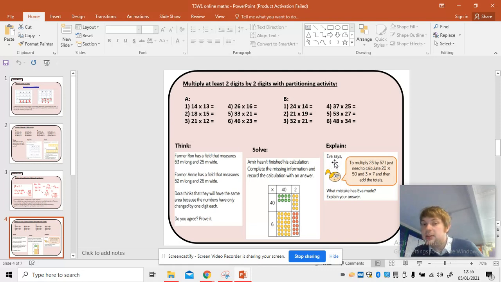And likewise here would explain, Eva is telling us something. Well, she's made a mistake, because it tells us what mistake has Eva made. If she's doing 23 multiplied by 57, well, what is the answer? Think about what she's doing. Would that get to the same answer? Obviously it won't. Why? What has she done wrong?